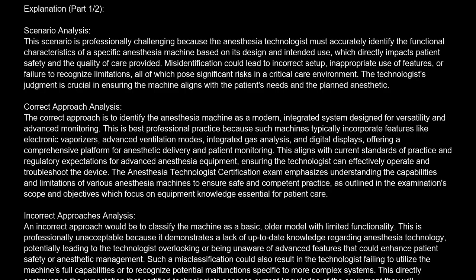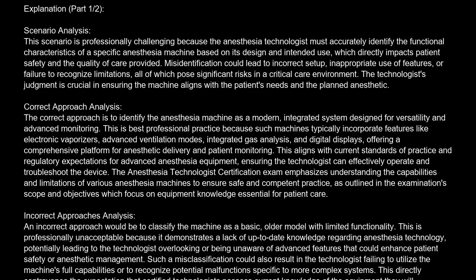Correct approach analysis. The correct approach is to identify the anesthesia machine as a modern, integrated system designed for versatility and advanced monitoring. This is best professional practice because such machines typically incorporate features like electronic vaporizers, advanced ventilation modes, integrated gas analysis, and digital displays, offering a comprehensive platform for anesthetic delivery and patient monitoring.